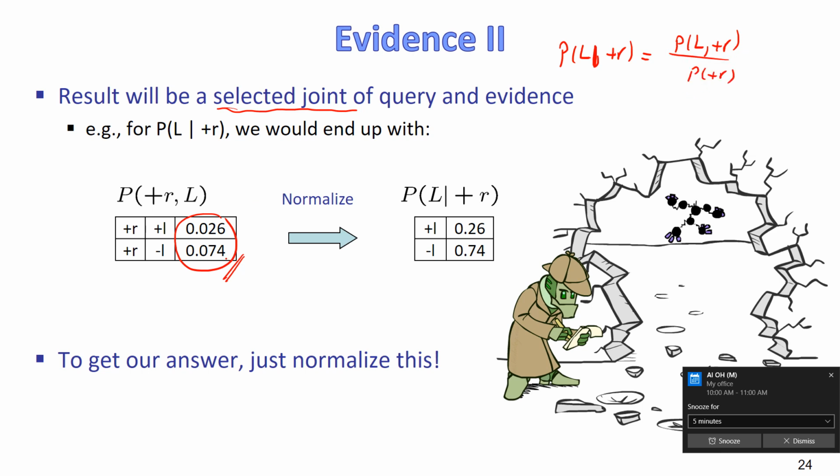These are the two values here. And where is P of plus R? This is the sum of the values. So that's the normalization that we do to get P of L given plus R. That will be the last step. And that's it for the steps.